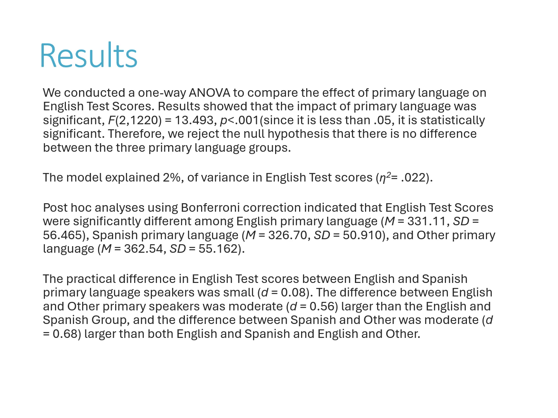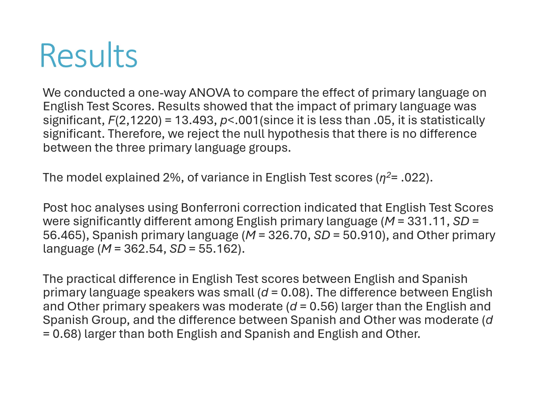Next, we performed a post hoc test using the Bonferroni correction, and these tests revealed that each group, English, Spanish, and other, had significantly different mean scores. To gauge the practical significance, we also calculated Cohen's d for each pairwise comparison.